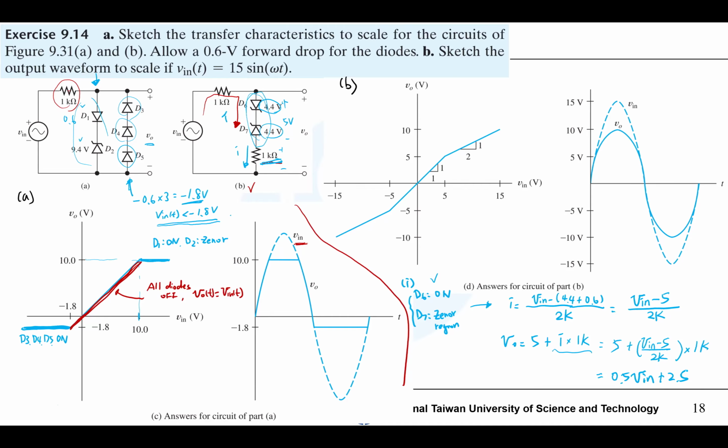Well, we got the equation here, which is VO equals 0.5 V in plus 2.5. It means D6 is on and D7 is at its Zener region. So it happens to be this segment.